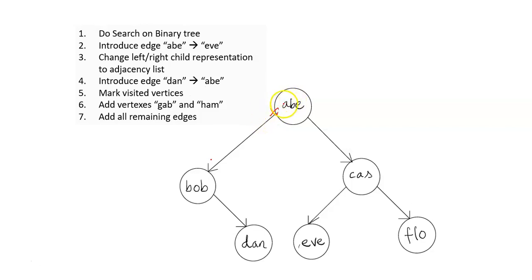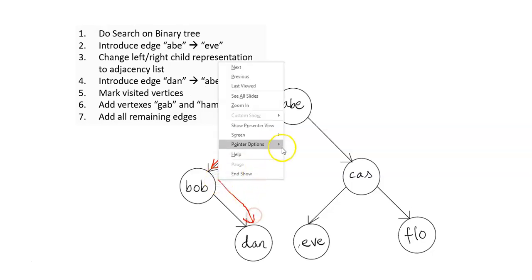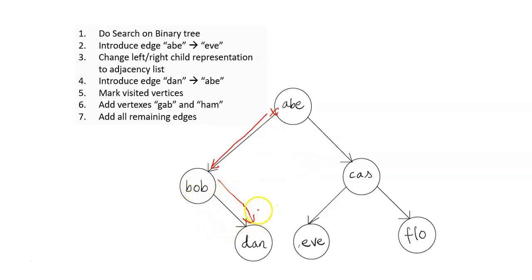Meaning, we're going to start at this node and we're going to go to the Bob node, and then our next decision would be to go deeper to the Dan node. At this point, we can't go any further and we will backtrack. So we will go to the Bob node and then backtrack to the Abe node, and then go rightwards.